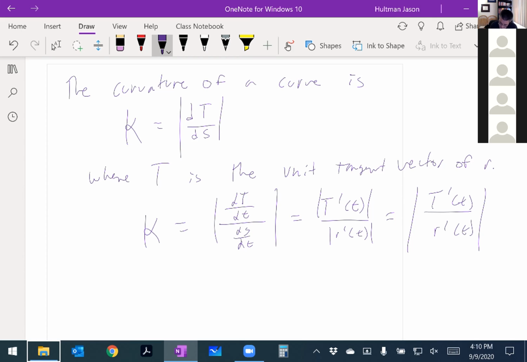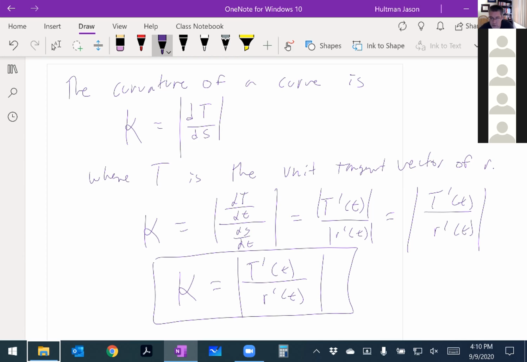And that's the curvature k. So we just took the derivative of the top and the bottom, and wrote it as a different expression here.